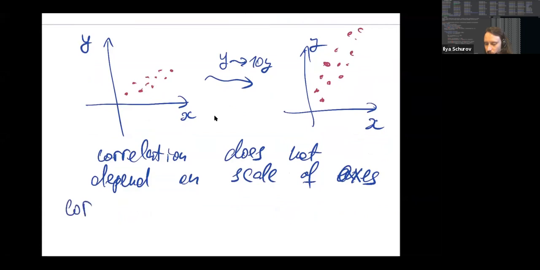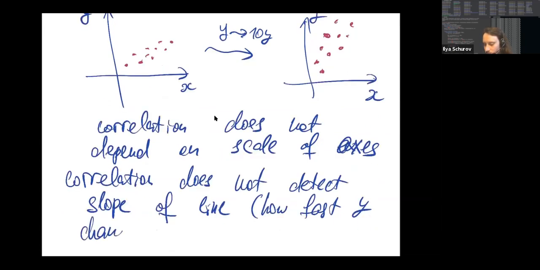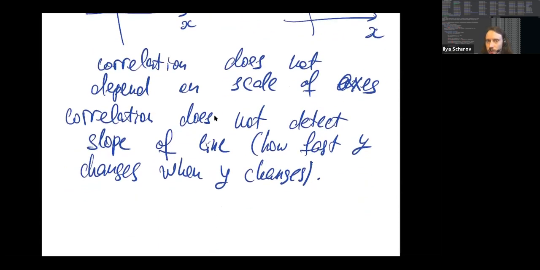So correlation does not detect the slope of the line. So if we are interested in how fast y changes when x changes, we have to use regression.